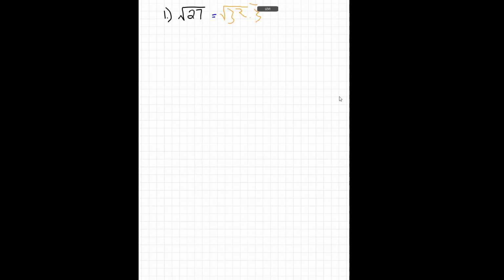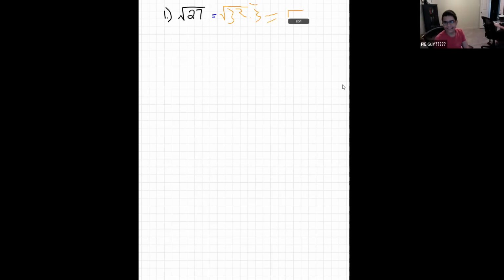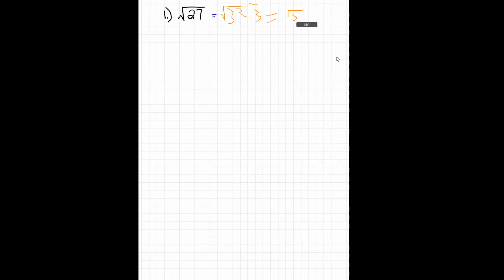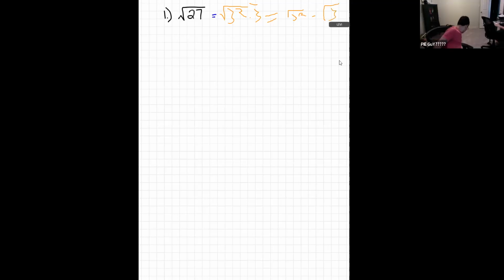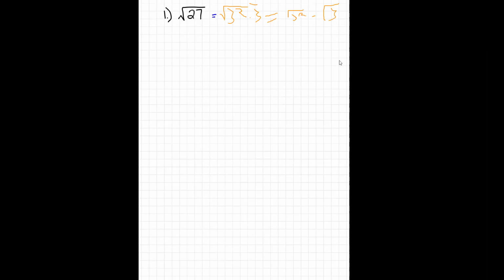That's the same as 3 squared, the square root of 3 squared, which is also the same as just 3, the square root of 3.